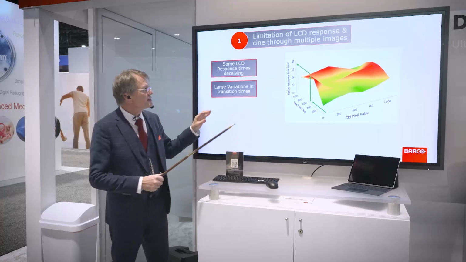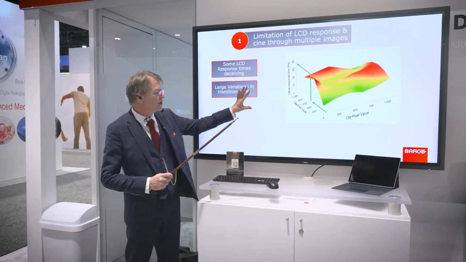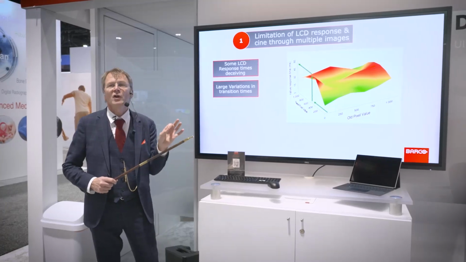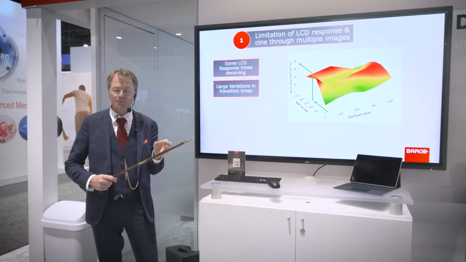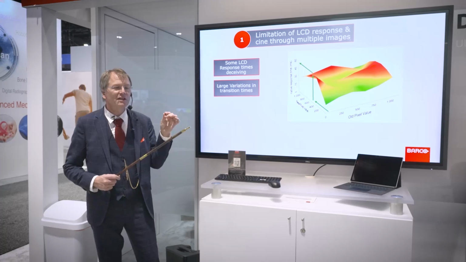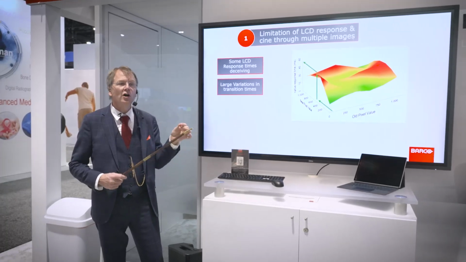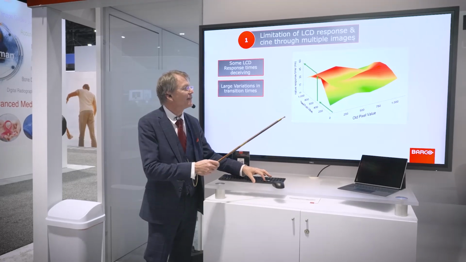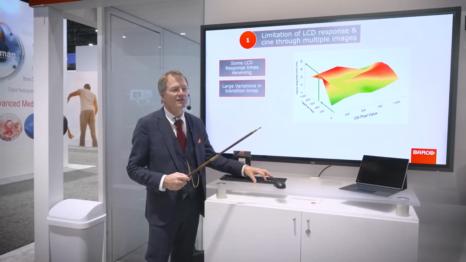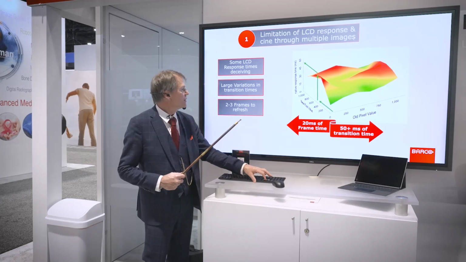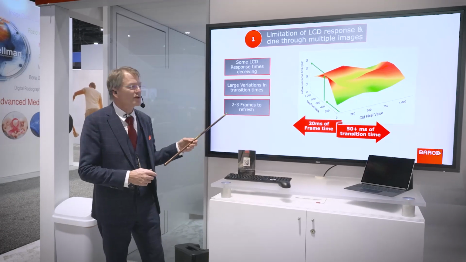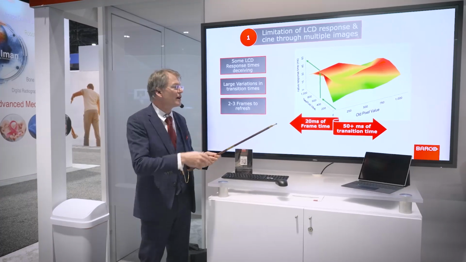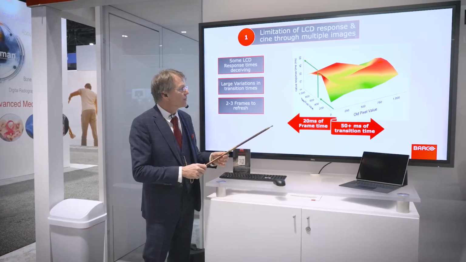This is hidden by what we saw in the previous slide, where someone's just quoting the response time when going from black to white, because they're greatly oversimplifying it and picking a value which is advantageous. We don't want to spend 2 to 3 frames to get to the right value because we've in fact already moved on potentially.